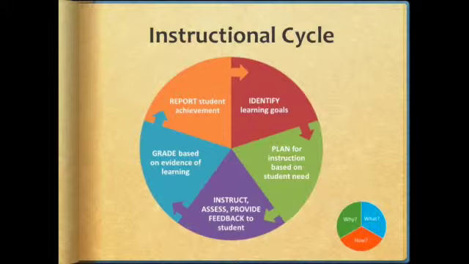You provide the instruction that you have planned. During that instruction, you are assessing students, informal assessment, and you're providing feedback on an ongoing basis to students as you're instructing. You formally grade assignments and evidence of student learning, and you use that to report out on student achievement.